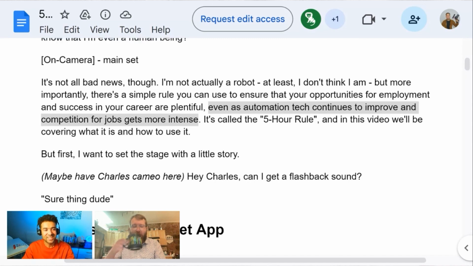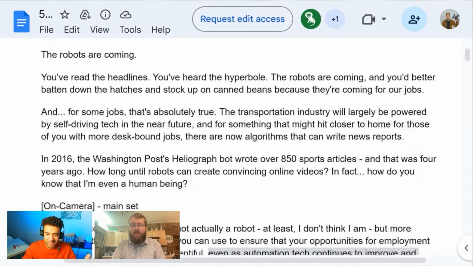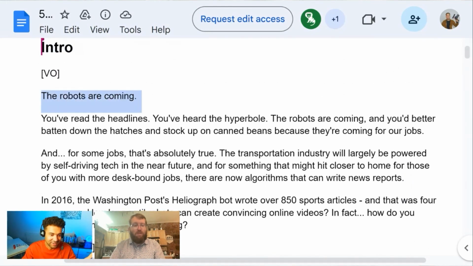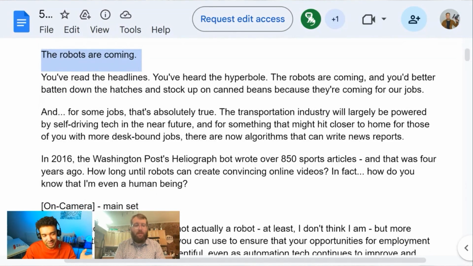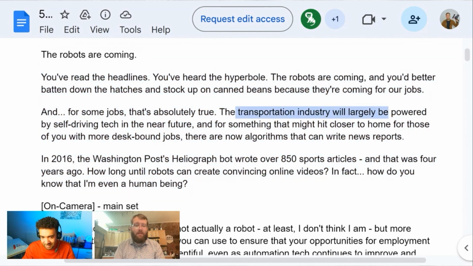Awesome. I love it. My understanding of this so far, and I really like how this has been structured, is we've got the hook at the start, the robots are coming, and then this seems like an extended hook. If you're in this industry, it's going to impact you, and if you're in this industry, it's also going to impact you.